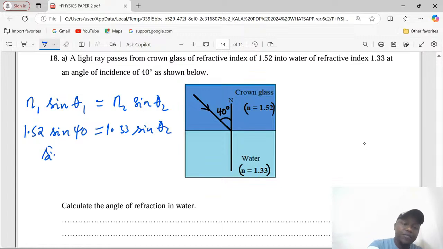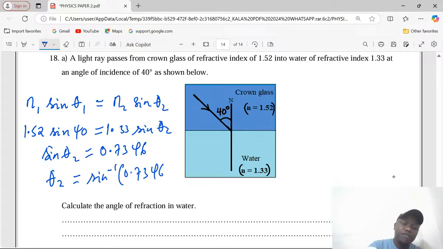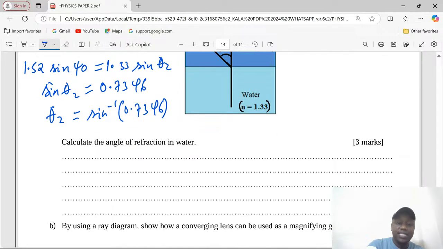The sine of this unknown angle will be 0.7346. To remain with theta 2, we take the sine inverse of 0.7346, and this gives theta 2 equal to 47.27 degrees.